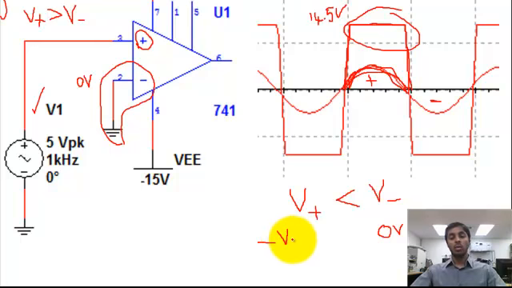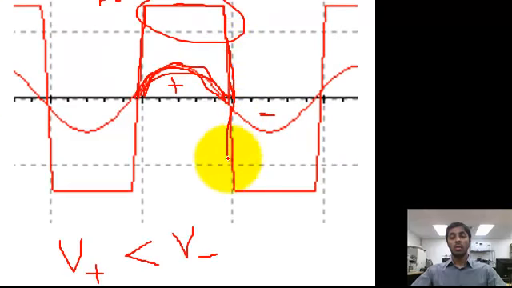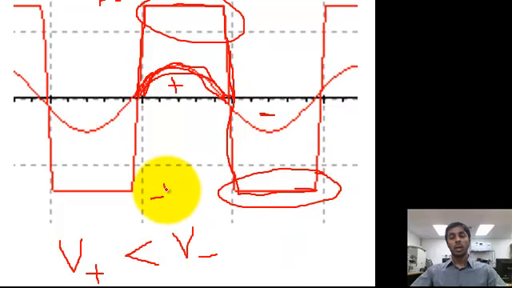A negative value is always less than 0. So the output shoots back to the maximum negative level, negative VCC, which is approximately negative 14.5 volts, close to negative 15 volts, but not equal to negative 15.